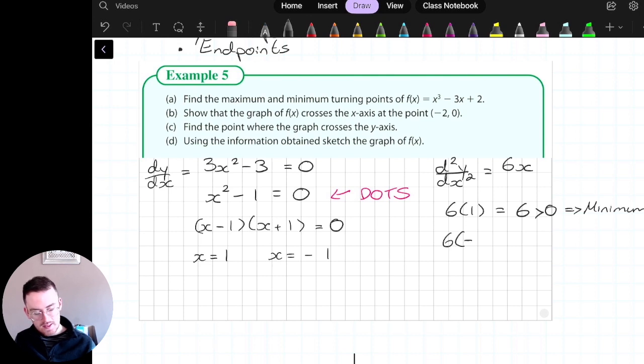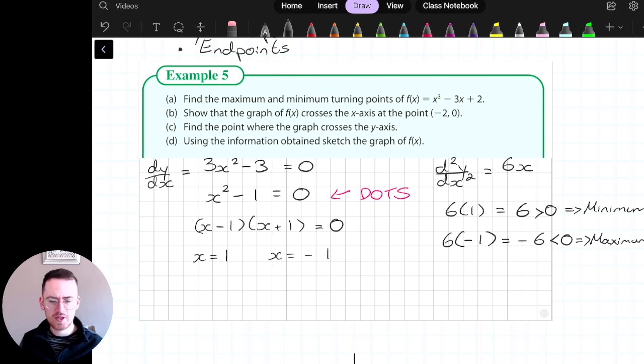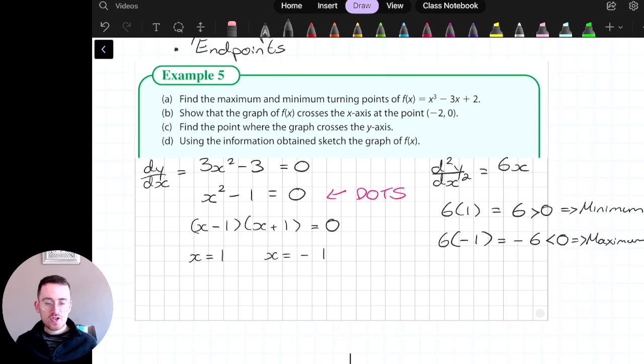At x equals minus 1, 6 multiplied by minus 1 gives minus 6. That is less than 0, which gives us a maximum turning point. Interesting that we just had both answers be 6 on the previous question as well. Just coincidence. So at x equals 1 we have a minimum turning point, and at x equals minus 1 a maximum turning point, just using our second derivative test there to the side.